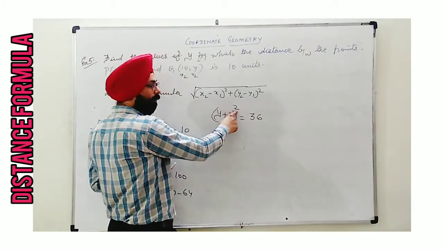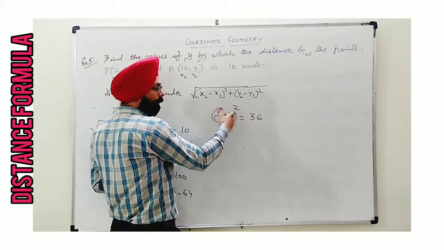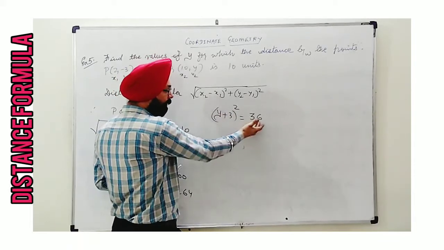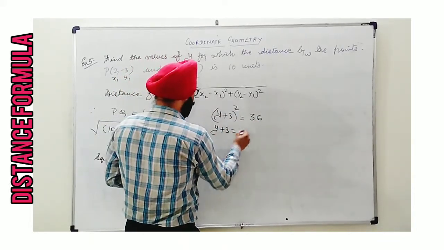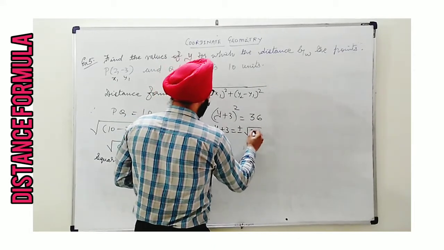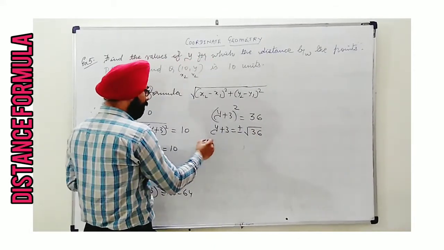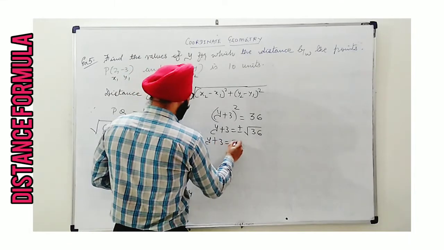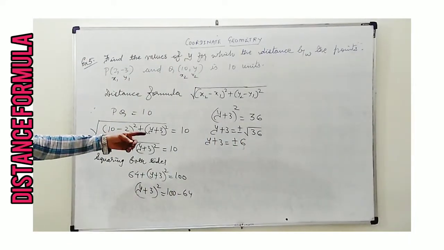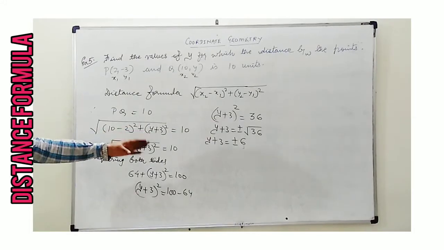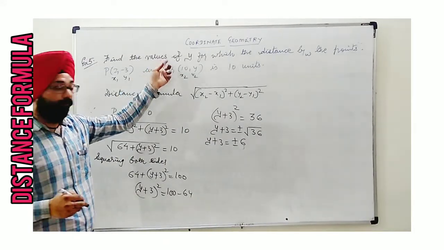If I eliminate the square from the left hand side, I need to take the square root of the right hand side. This will be y plus 3 equal to plus minus root 36. So y plus 3 is plus minus 6. We need to take one time plus and other time minus. That's how you find the values of y.